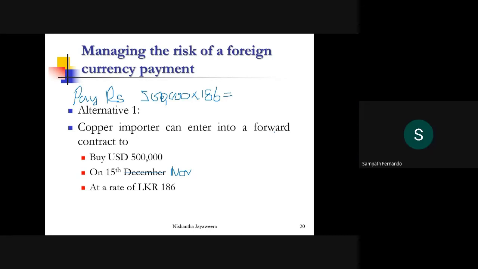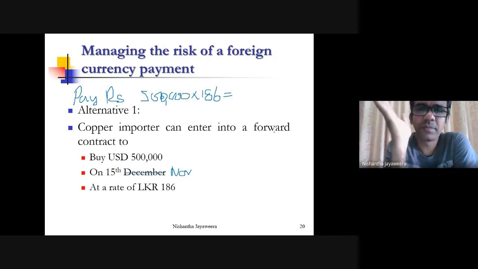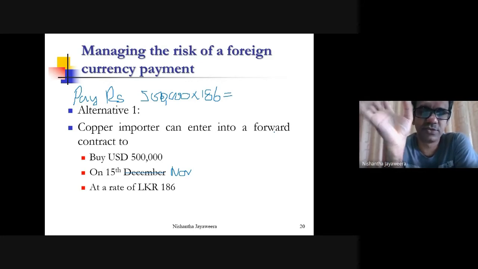So you can minimize the upward trend, appreciation of the dollar. Yes, you can fix your cost. You know what is the exact amount that you have to pay. So you eliminate your uncertainty. You know exactly what is the amount that you are going to pay.